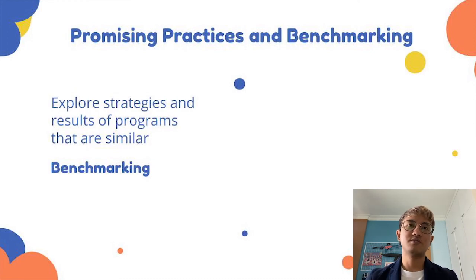This slide refers to the last suggestion, which is explore and benchmarking. One way to improve your model is to explore strategies and results of other programs that are similar. In the private sector, this is often referred to as benchmarking.